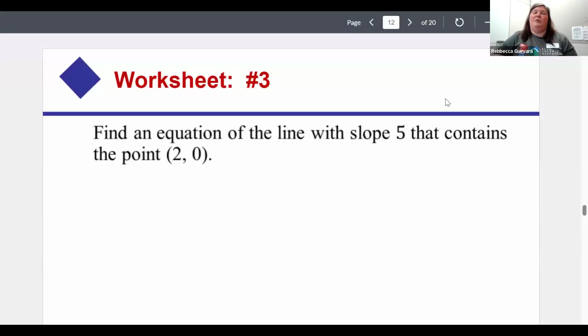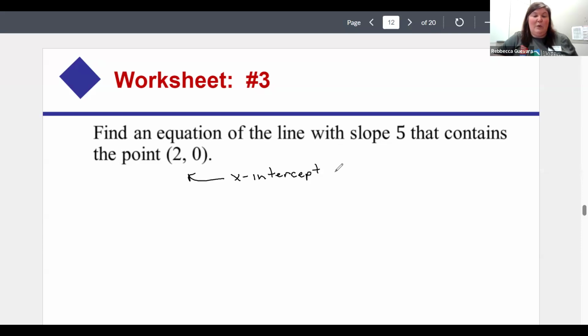And hopefully this one wasn't too confusing. So we want to find the equation of a line with now a slope of 5 that contains the point (2, 0). So the 0, notice that's in the y position. This is an x-intercept. This is not a y-intercept.